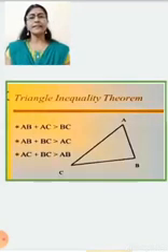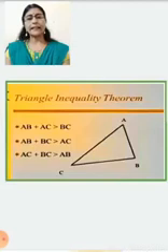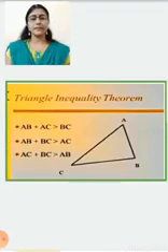Now here you see, this is called as triangle inequality theorem, which tells that the sum of any one pair of sides is always greater than the third side. Like AB plus AC is greater than BC, AB plus BC is greater than AC, and AC plus BC is greater than AB.